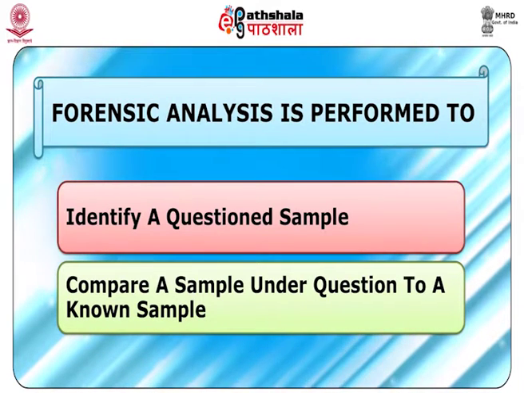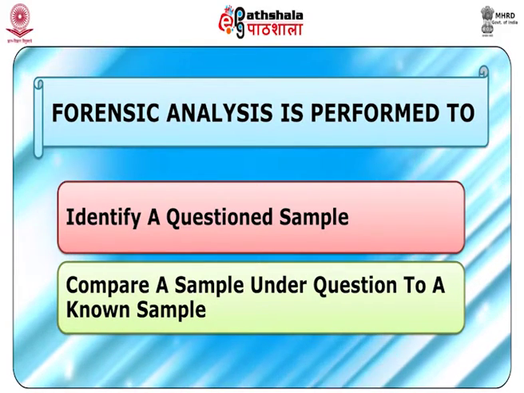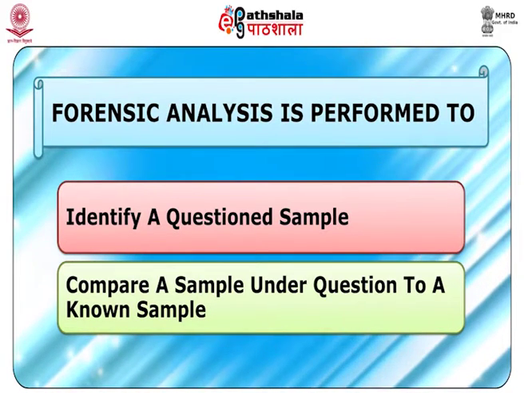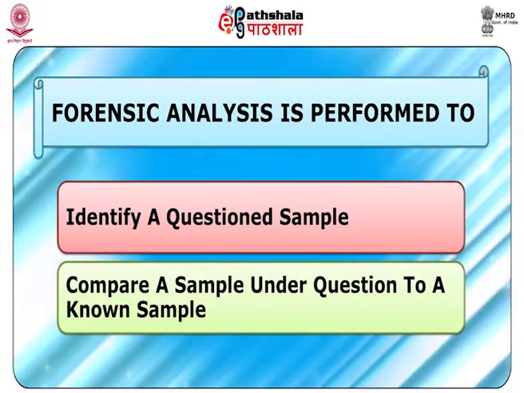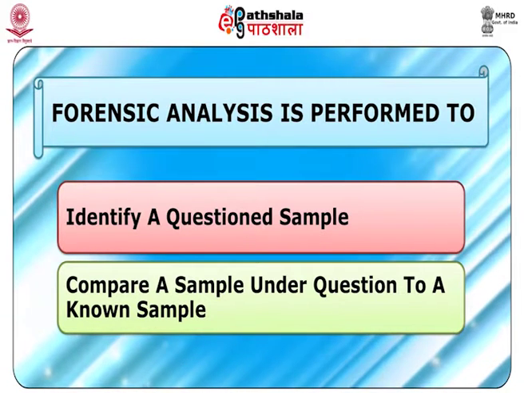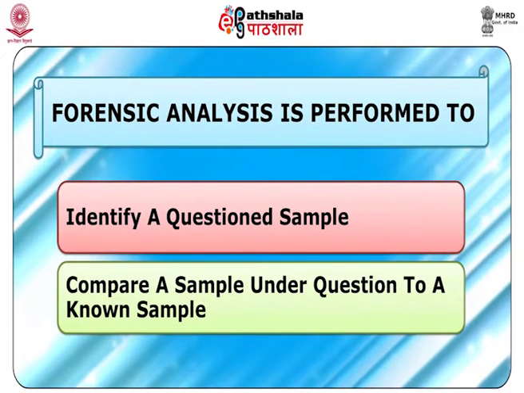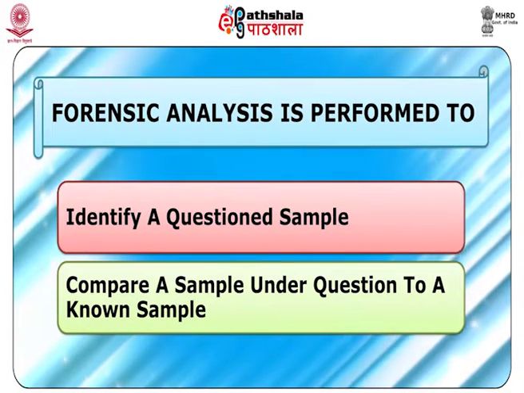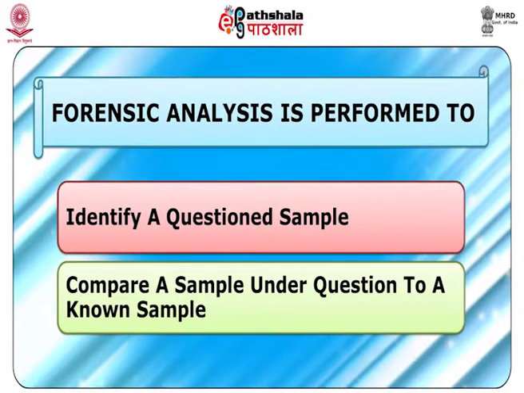Forensic analysis may be performed to identify a question sample or compare a question sample to a known sample for the purpose of determining the source of its origin, that is, where it came from.